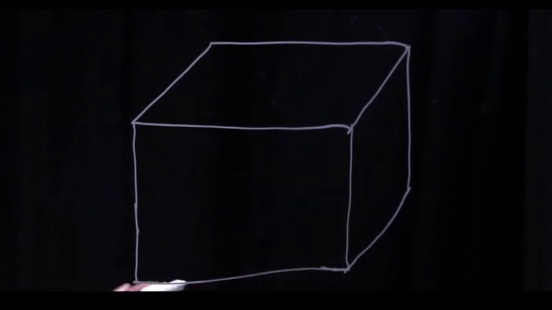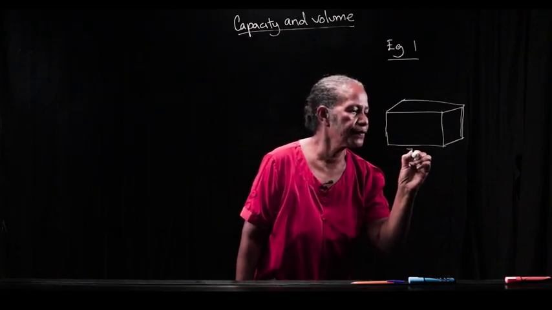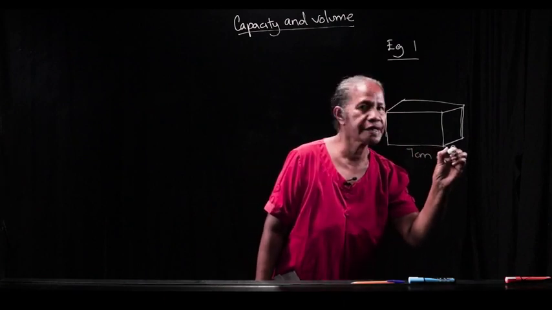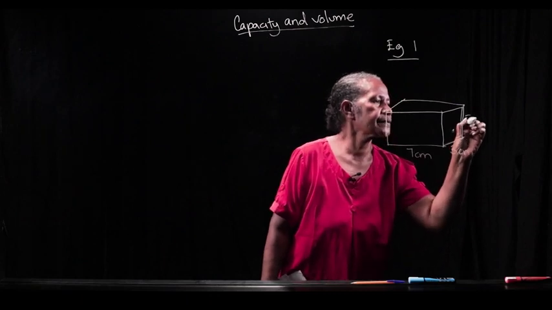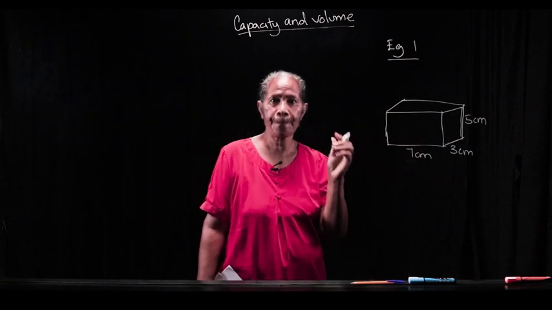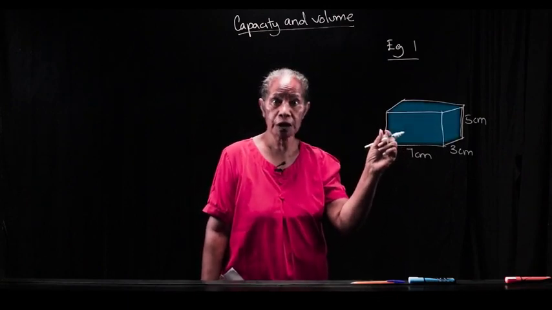The fuel tank has a length of 7 centimeters, a width of 3 centimeters, and a height of 5 centimeters. We are trying to find the capacity of the tank when full.